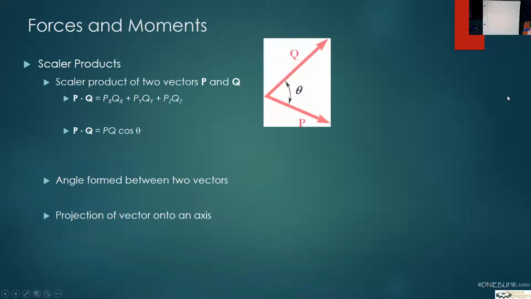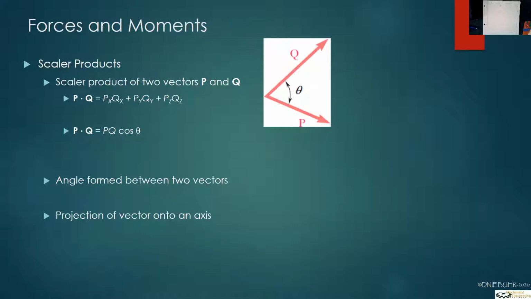fairly straightforward. Before we jump into that, we want to recall the idea of a scalar product. You may remember from your math class that when you dot product two vectors, you end up with a scalar value.